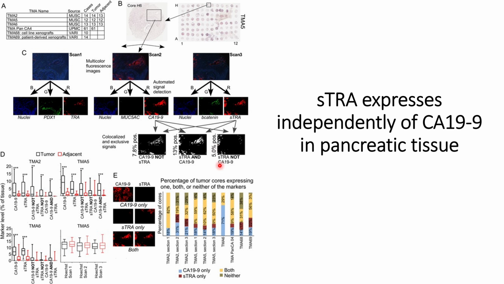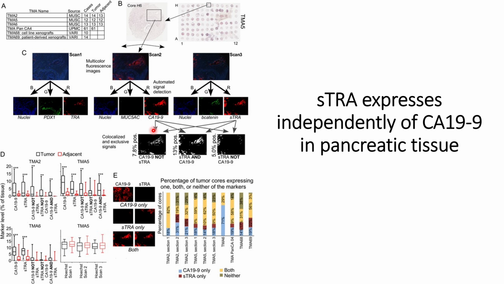This indicates the result of sTRA minus CA19-9, which can be seen in this figure. So this clearly indicates that sTRA occurs independently, at different locations compared to CA19-9. This validates their hypothesis that sTRA is expressed independently of CA19-9 on the pancreatic tissue.